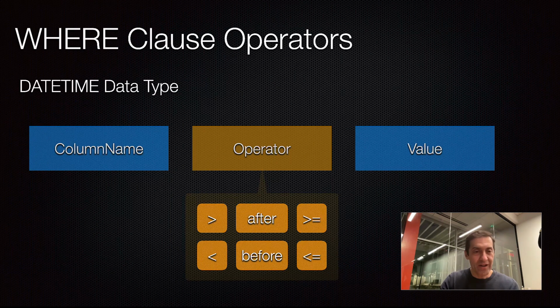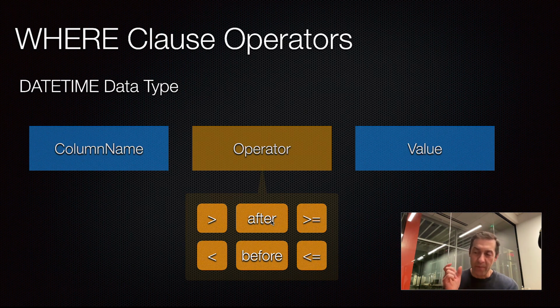Moving on, datetime. So datetime columns contain a point of time represented as a timestamp. And the operators that apply to the datetime columns are greater than, and the synonym for that would be after. So you could either use the greater than character or the word after, and it's going to be exactly the same.